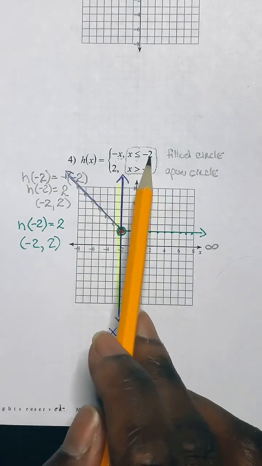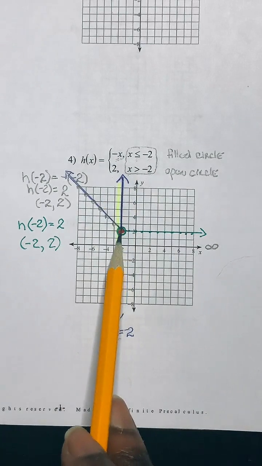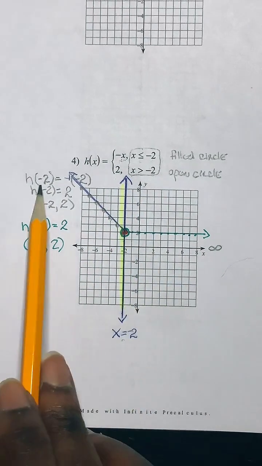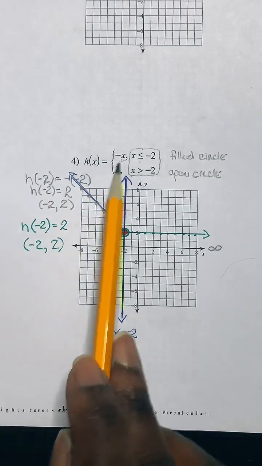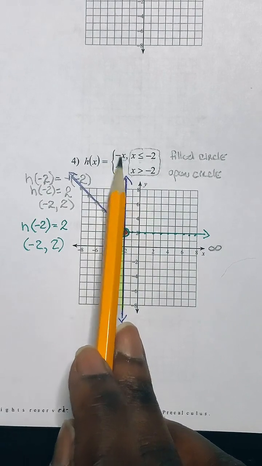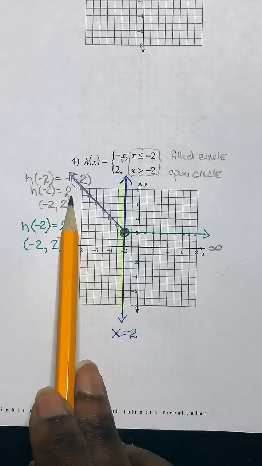I'm going to plug in the -2 for x so I can figure out where my point on that boundary line should go. So once I plug in the -2, I'm only plugging in the -2 for the x. So it's a negative times a negative. So that gives me a +2.